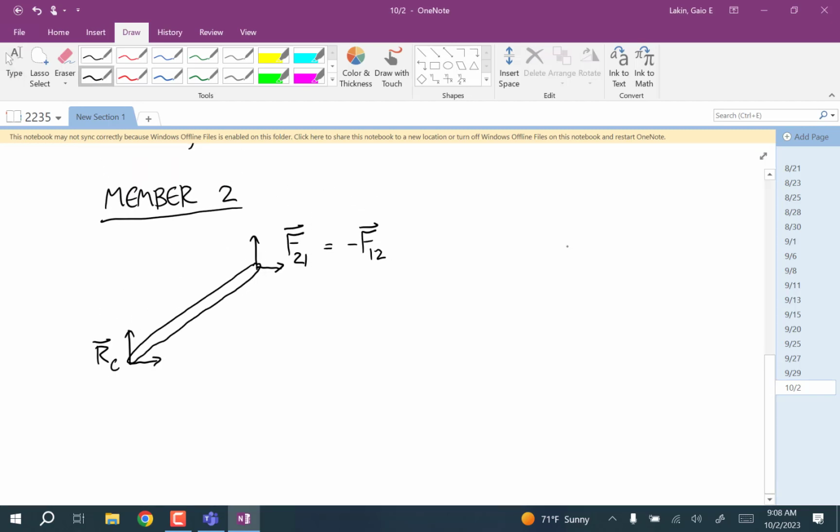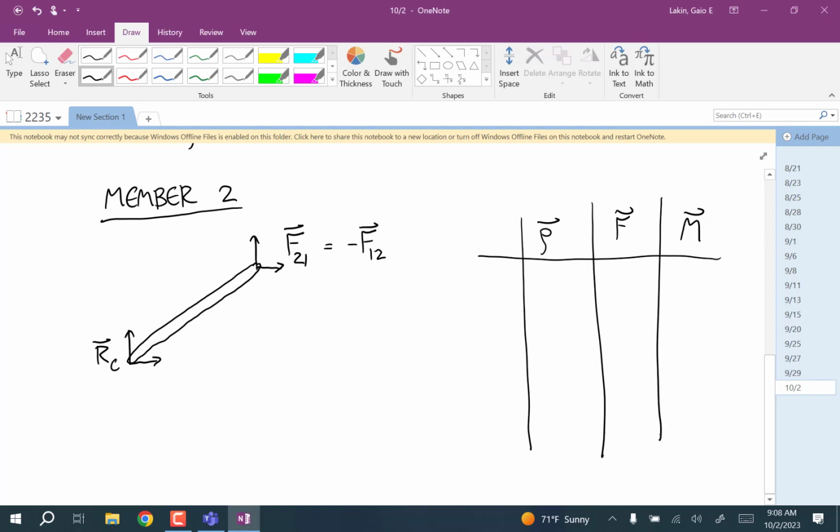So now we'll go rho, force, moment. The about point I'll do over here. So first I'll do RC. The rho vector is 0. Force vector is RCX, RCY. Cross product is 0. And then I'll do negative F12.